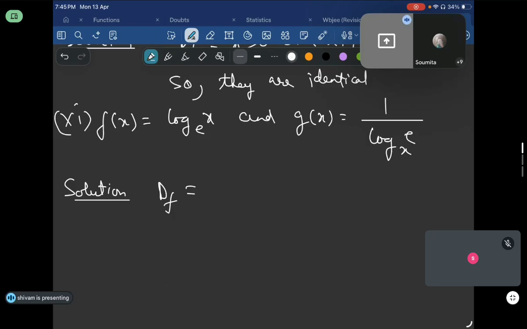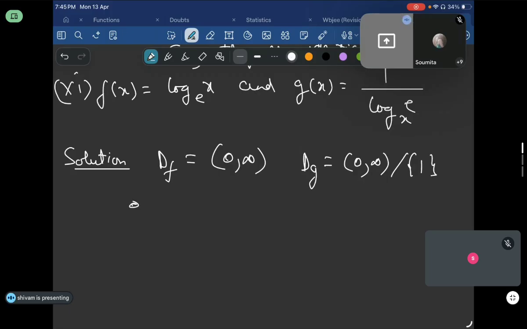Correct, 0 to infinity. But for g of x, 1 by log x to the base e, it is defined for x greater than 0 and x not equal to 1. So 0 to infinity except 1. Yes, correct. So they are not identical.